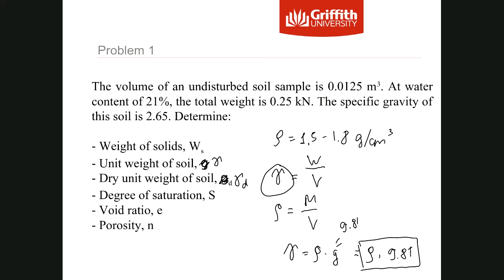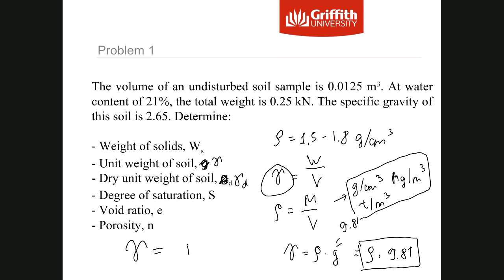If we use density in grams per cubic centimeter, tons per cubic meter, or megagrams per cubic meter, in terms of the number it's still the same number: 1.5 grams per cubic centimeter, or 1.5 tons per cubic meter, or 1.5 megagrams per cubic meter. If we use these units, we just multiply by 9.81, and the unit weight that we obtain will be in kilonewtons per cubic meter.